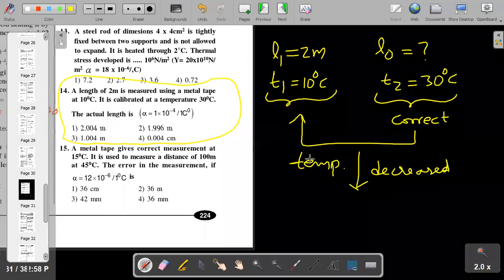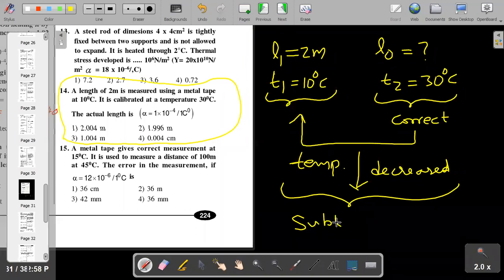Temperature decreased means we have to add the error or subtract the error? Subtract the error, sir. Whenever temperature is decreased, we have to subtract error. I hope you are clear on subtracting error.